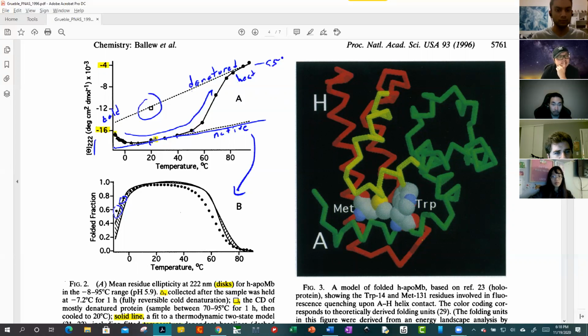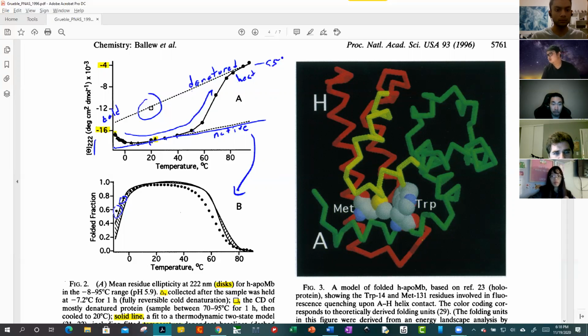So by drawing a line from this upper dashed line to the lower dashed line, we can change ellipticity into folding state. And this is speculative at best, I guess.